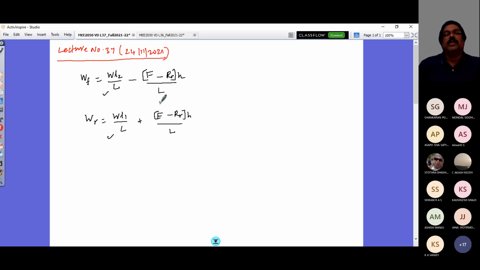The second term refers to dynamic load transfer. So during acceleration of your vehicle, you have your normal loads given by these expressions.